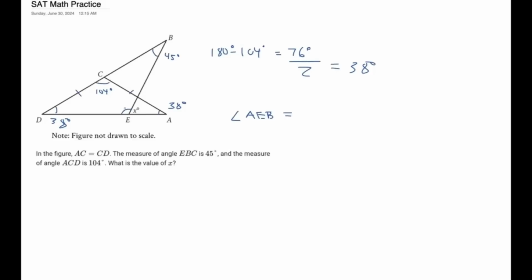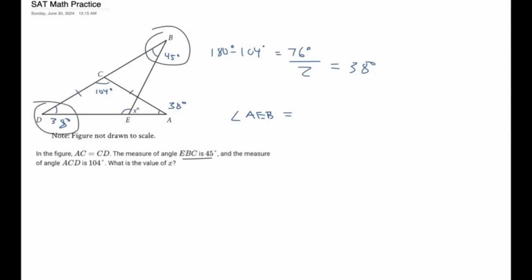So is there a way to find angle DEB? Well, it's actually pretty interesting, because they gave us the measure of EBC, this angle up here, and we just figured out the angle of BDE.